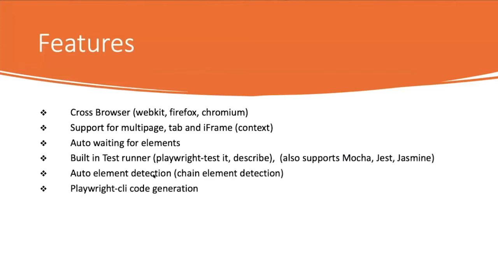You can also chain elements as well. So if you're looking for a particular element within a div, you can specify your div and then specify an element inside that. So in a single command, you can chain and search for elements a bit deeper inside the DOM.